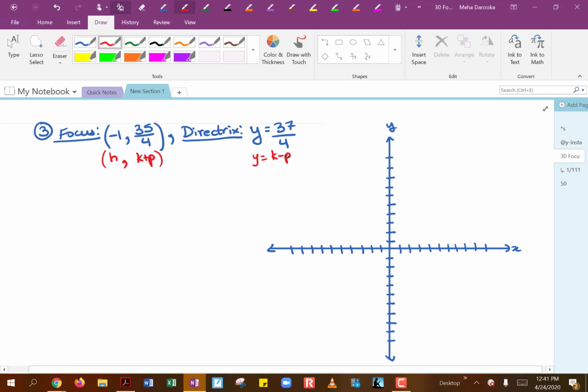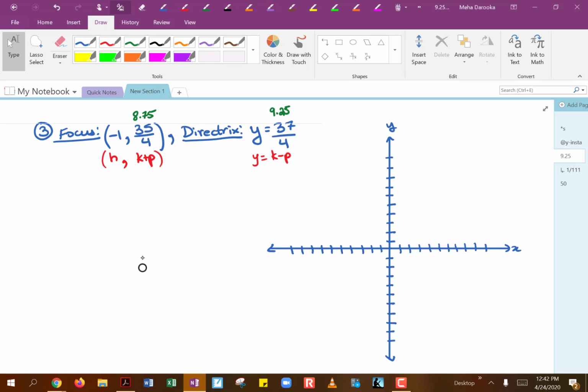If you look at decimal approximations, 35/4 as a decimal is 8.75, and 37/4 is going to be 9.25.